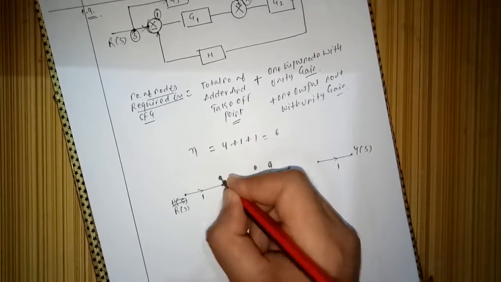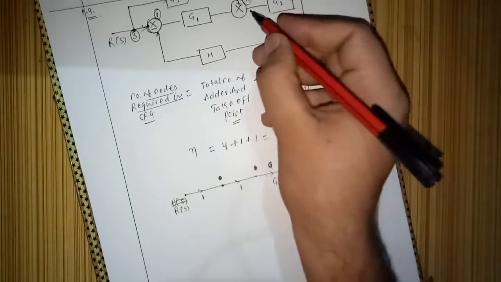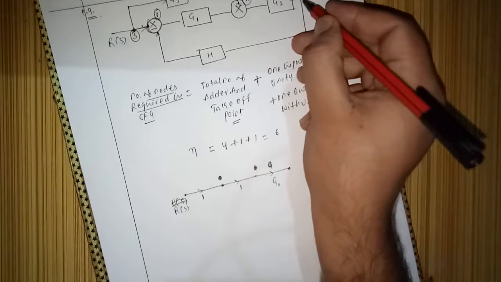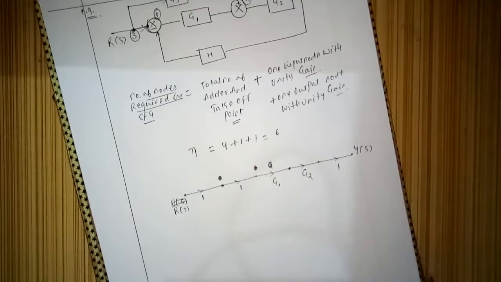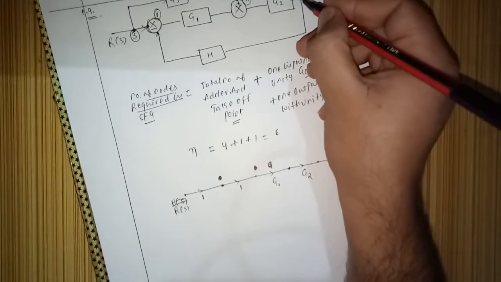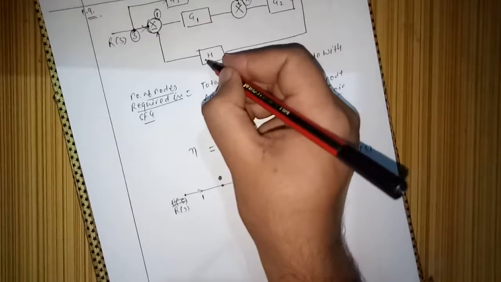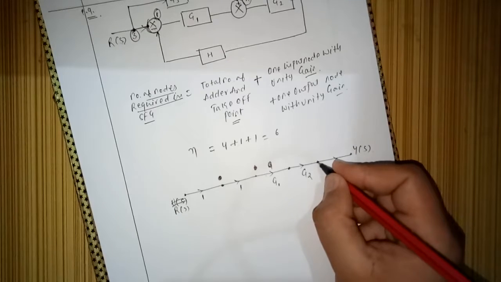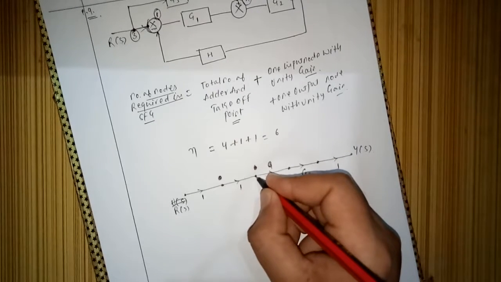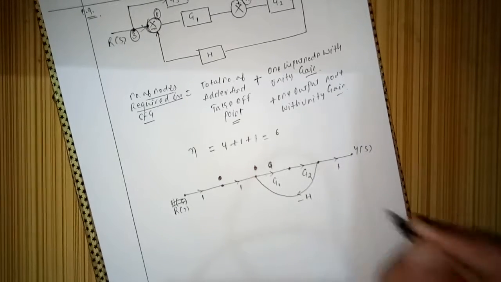Let me remove this point, else we will get confused. Right, G1, and then from this adder to this takeoff point we have gain G2. Right, and from this last node to this adder we have a gain of -H because of this negative feedback. Right, from this point to this point we have a gain of -H.